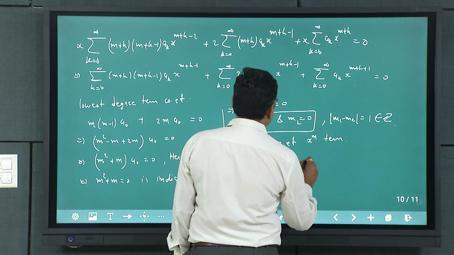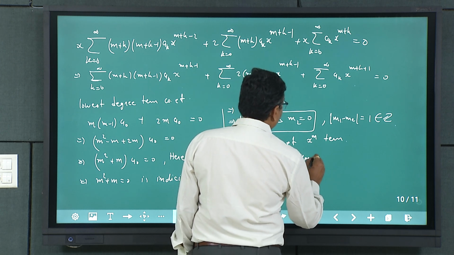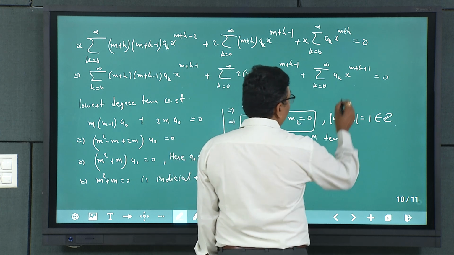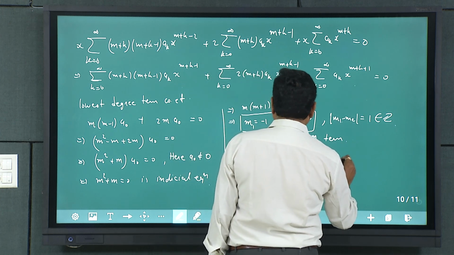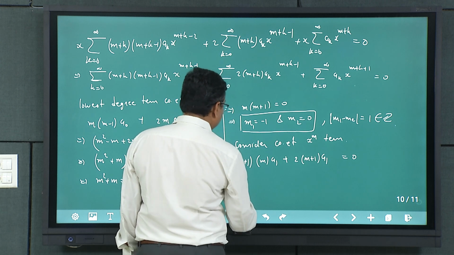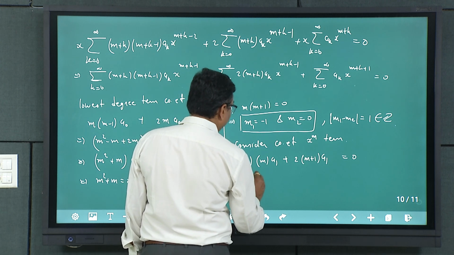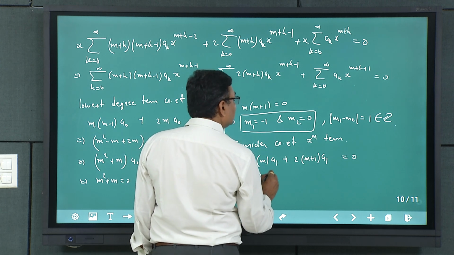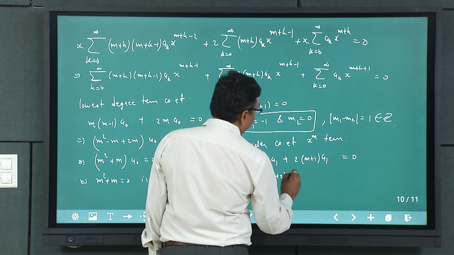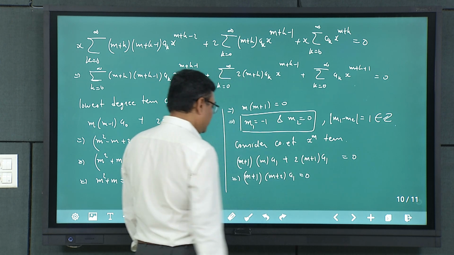So 2 into (m plus 1) into a1. The third term starts from m plus 1, take this equal to 0. So this implies (m plus 1) into (m plus 2) a1 equal to 0.